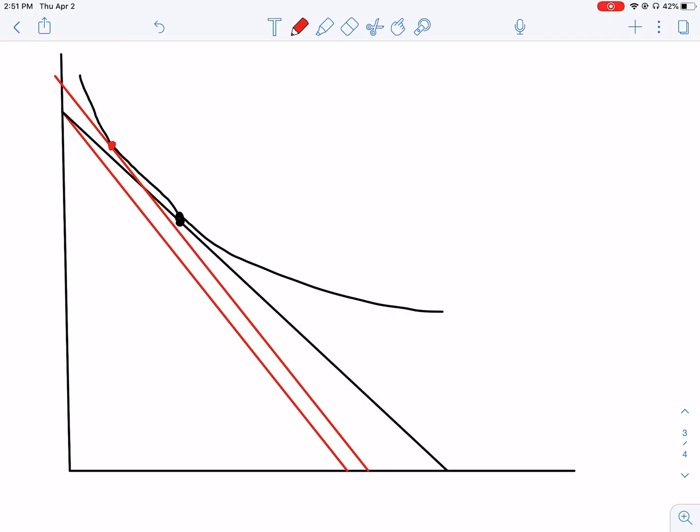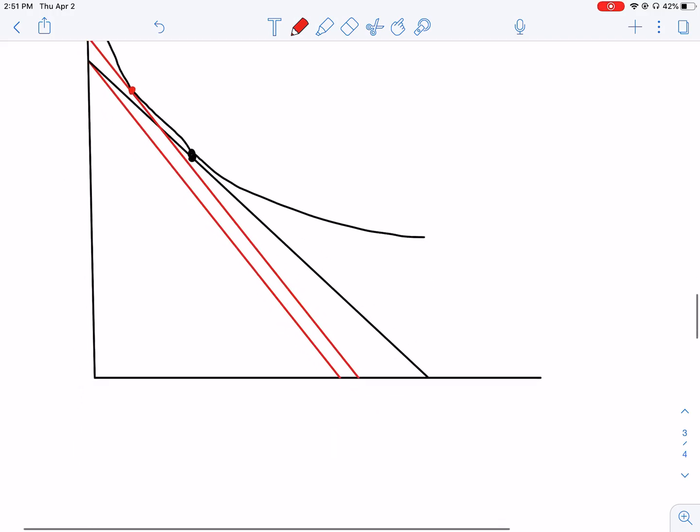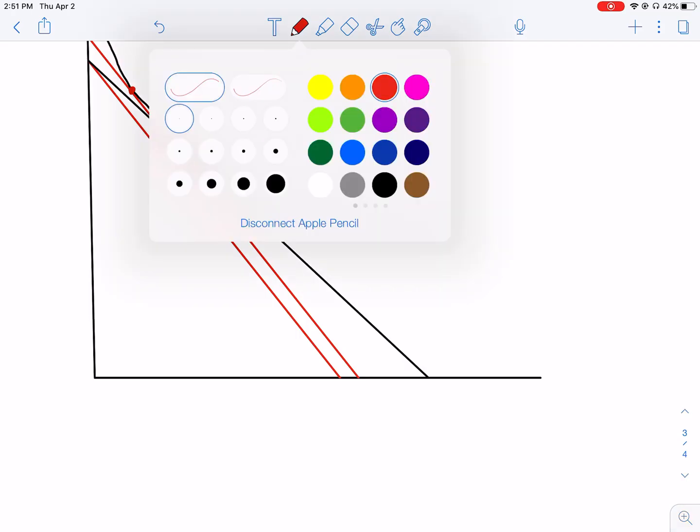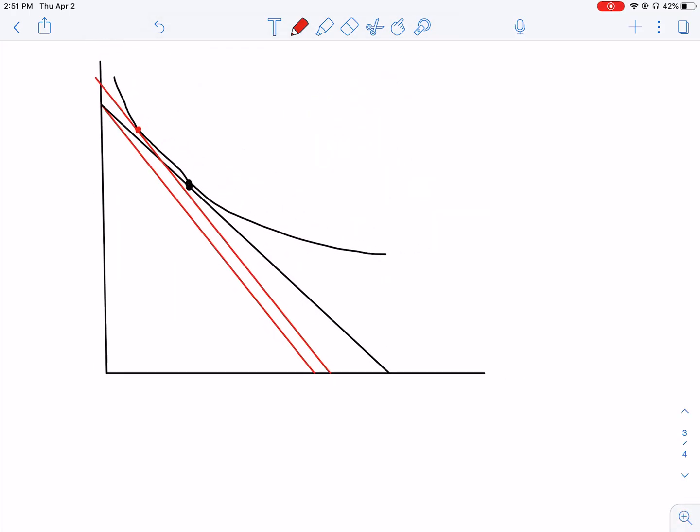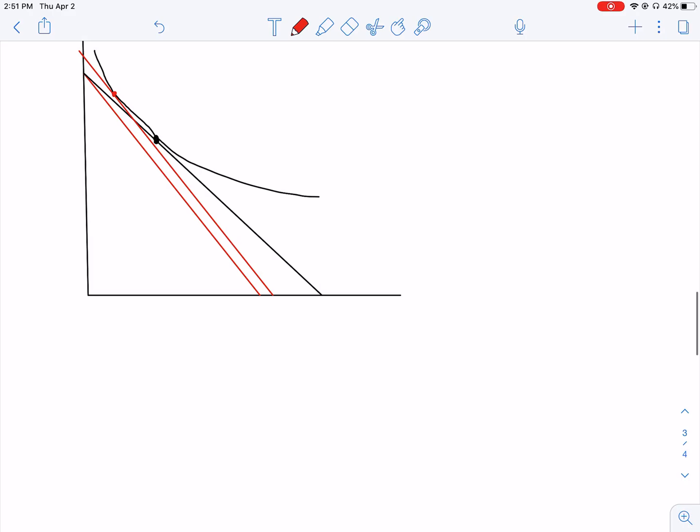So anyway, this is the substitution effect. Here, this is the substitution effect, and the original consumption was here.